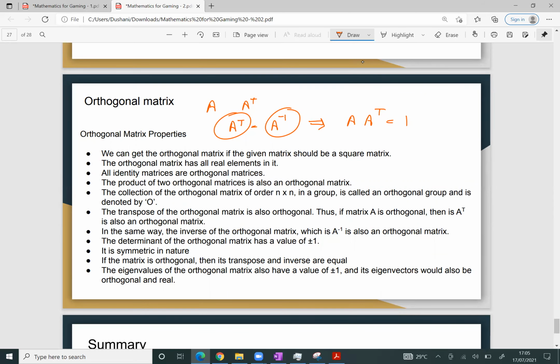If the matrix is orthogonal, then its transpose and inverse are equal. So these are, for additional reference, just some properties of orthogonal matrices.